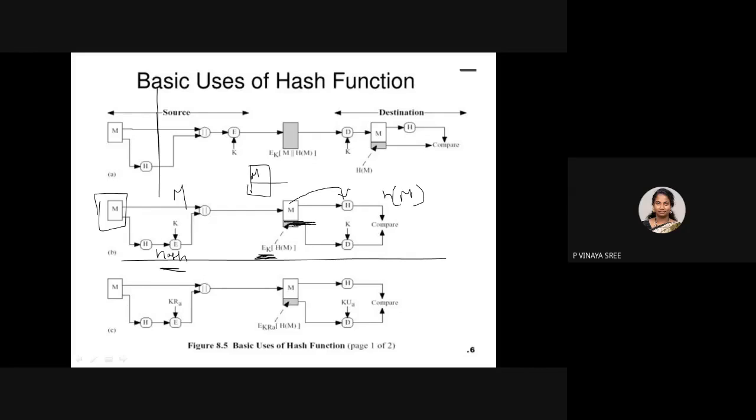It is in an encrypted format, encrypted by K. This has to be decrypted by the receiver, so that the receiver gets H of M. So both will be compared.